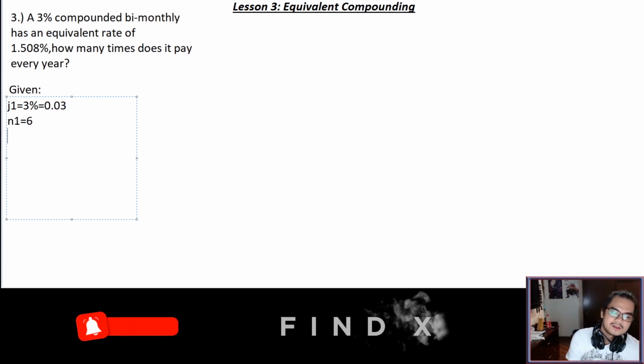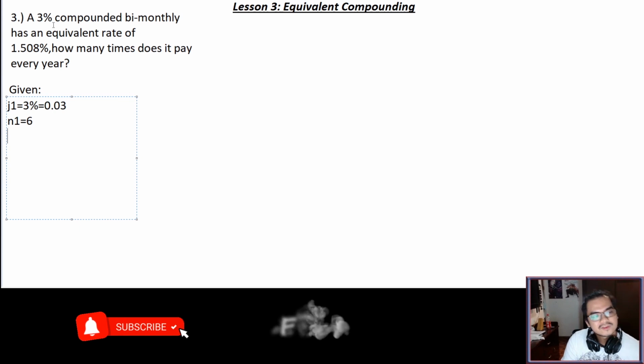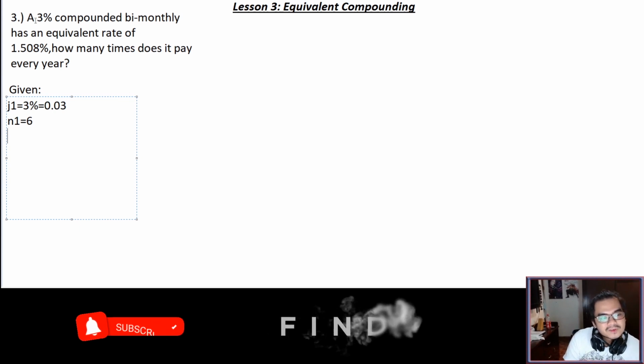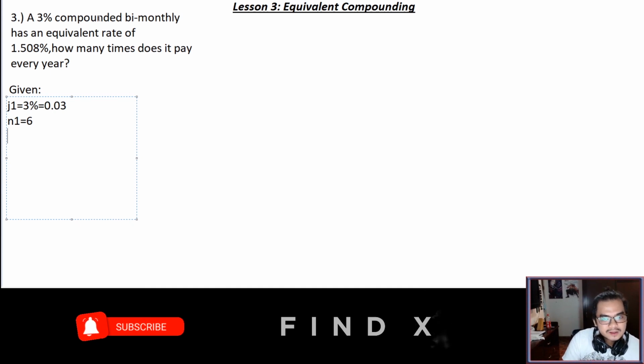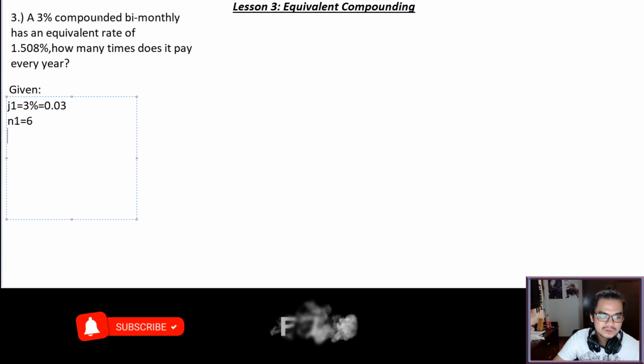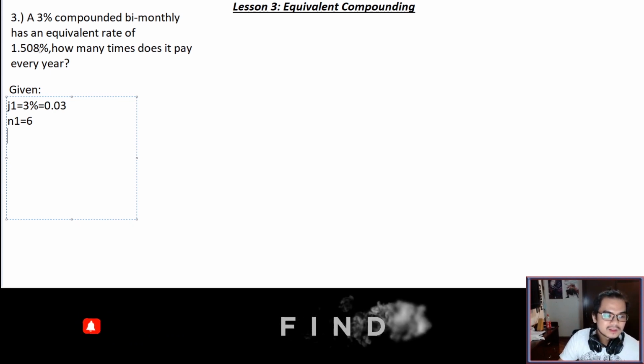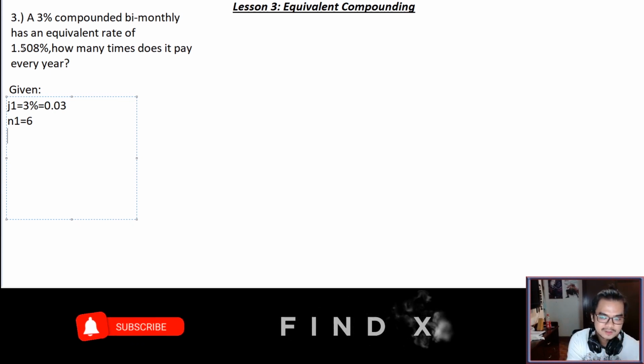So we have another given that has an equivalent rate of 1.508. It says here that the 3% compounded bi-monthly has been reflected to another method of compounding, and when you do that, its equivalent rate will be 1.508%. So how many times does it pay a year?